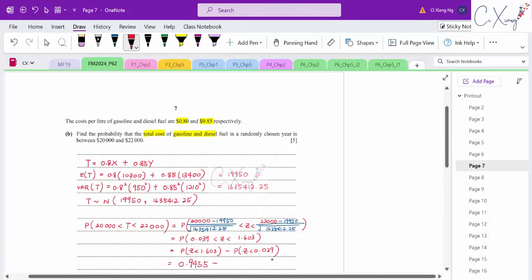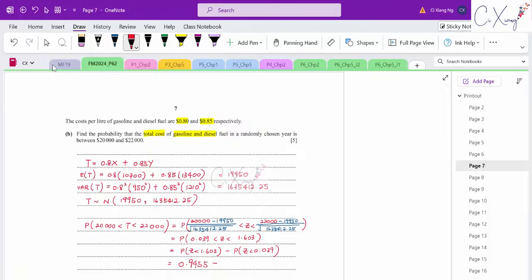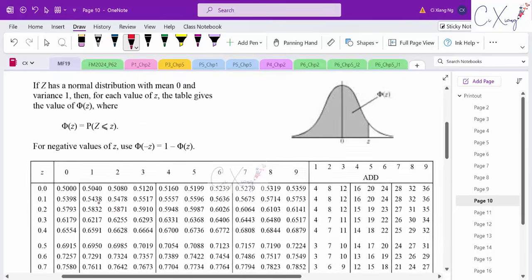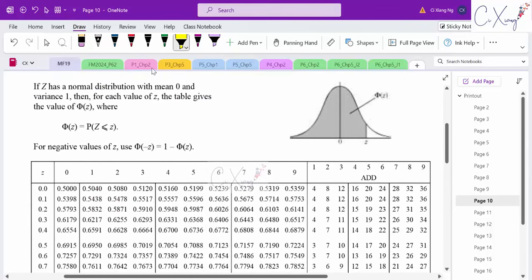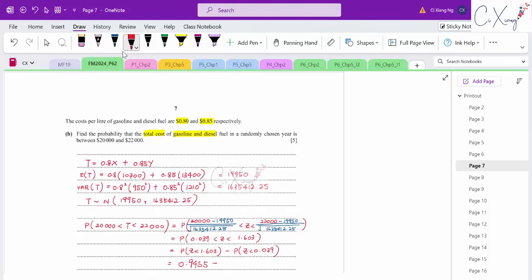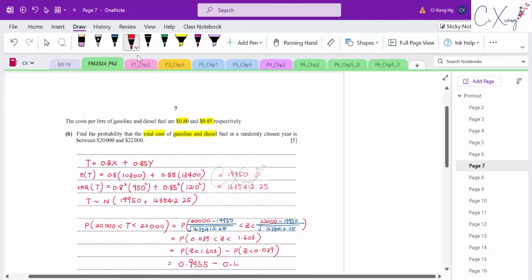Then minus, for this one, 0.039. Go to the table again, looking for 0.039. 0.0 is here, 0.03 is this one, then add a 9. So please add 36 at the last 2 digits of this number. If you add 36 at the last 2 digits there, by right you will get 5156.